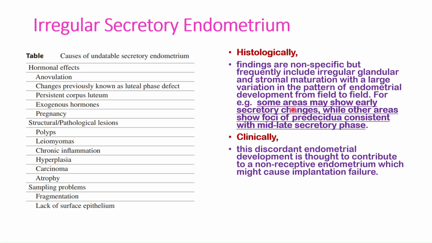For example, some areas may show early secretory change while other areas show foci of pre-decidua consistent with mid to late secretory phase. So this is called irregularly secretory endometrium. Now clinically, this discordant endometrial development is thought to contribute to a non-receptive endometrium which might cause implantation failure.